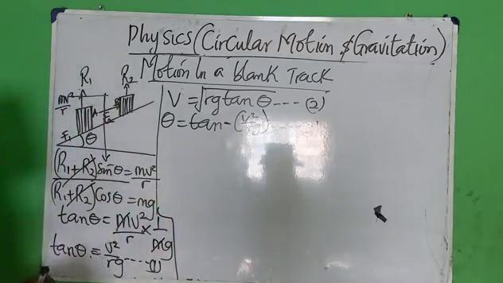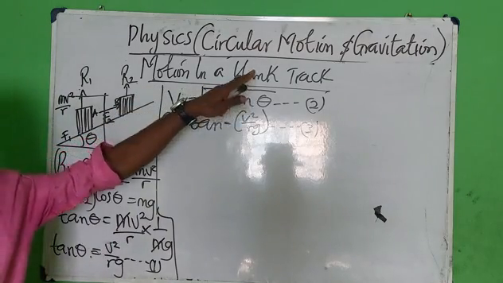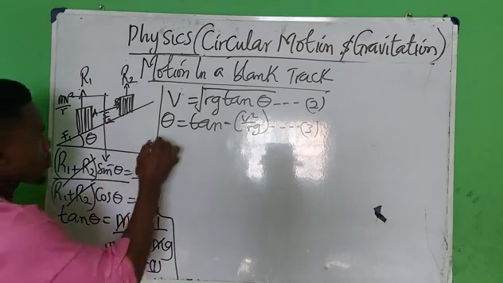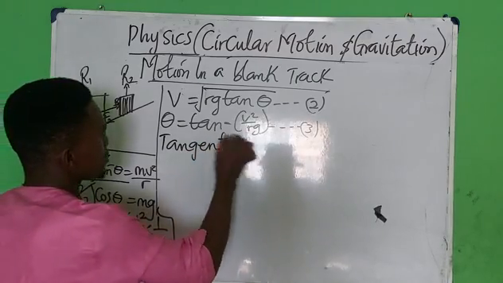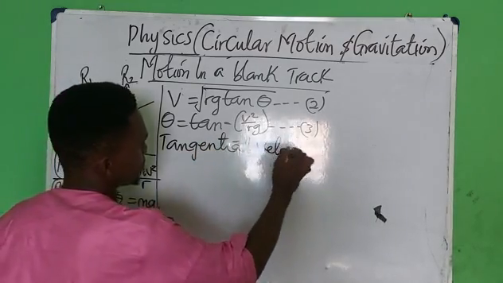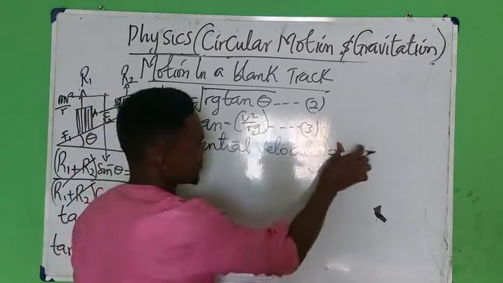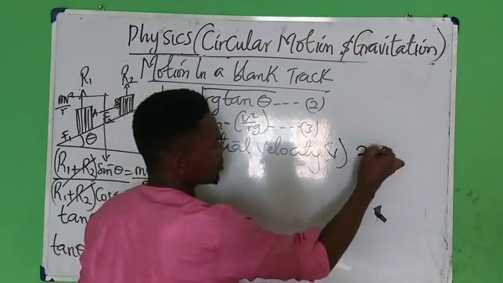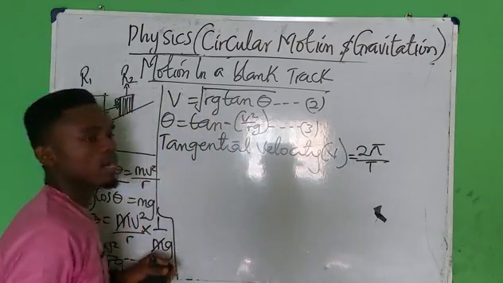So what I've just done is motion in a banked track. You saw the way I deduced it. However, there's what is called tangential velocity. Tangential velocity, which is v, is given as 2 pi r over the period.